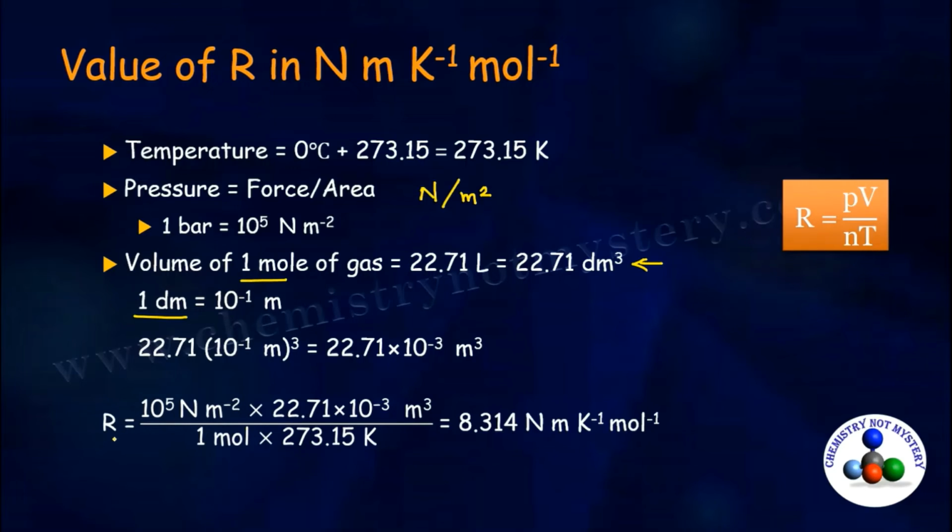So here you will get R = 10⁵ Newton per meter square multiplied by 22.71 × 10⁻³ meter cube divided by 1 mole multiplied by 273.15 Kelvin. And on solving it, you will get 8.314 Newton meter per Kelvin per mole.